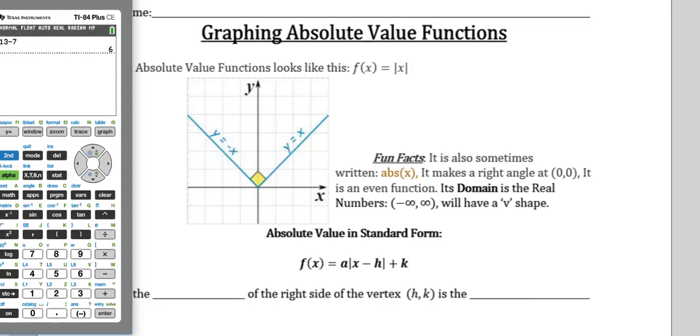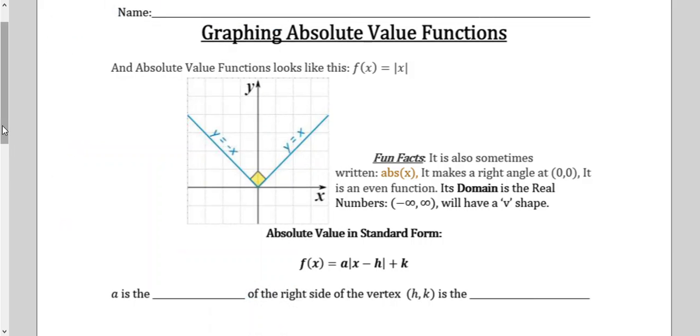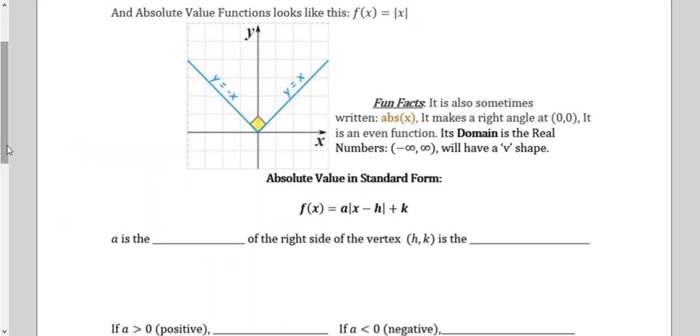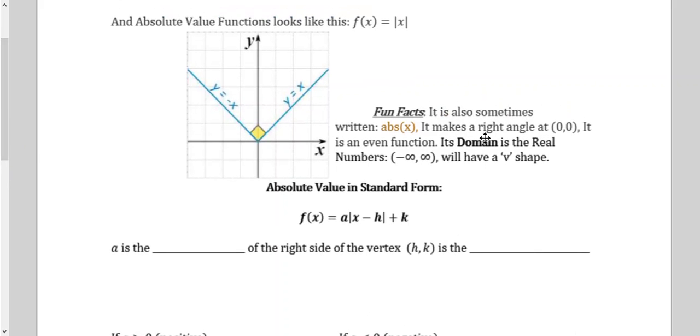So when we look at graphs, I just love looking at graphs because we can look at the graph and we can analyze it, okay? So when we look at an absolute value, here's some fun facts about absolute value graphs. Absolute value is sometimes written as ABS, and this is how you can find it in your calculator.